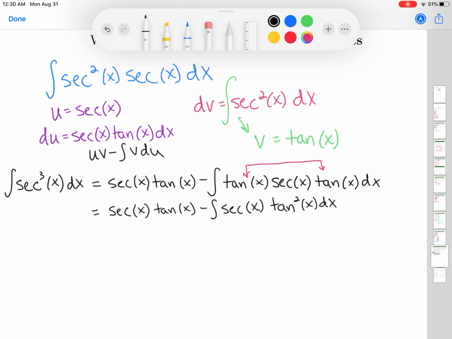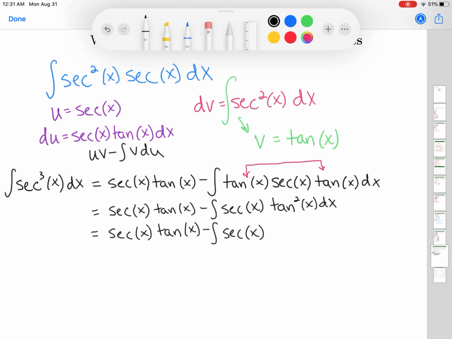Cool. All right, so having that said, using identities, I know that I could, if I wanted to, rewrite tangent squared in terms of secant squared. So I'm actually going to do that now. Let me go ahead and rewrite another line for myself. I'm just going to copy down all this stuff that's not changing.